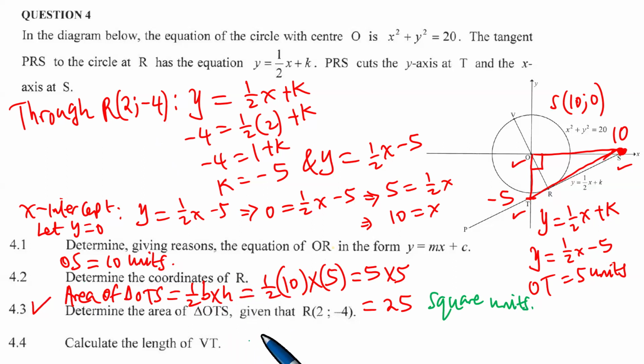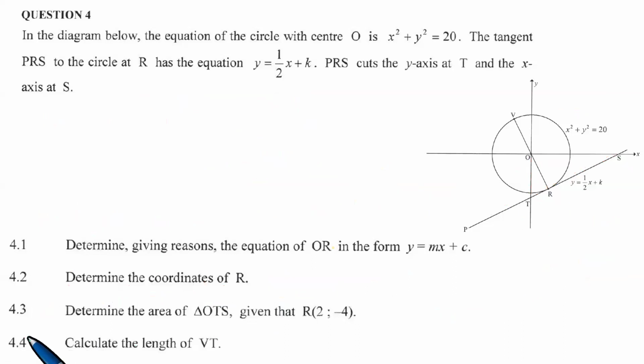Continue to the next question, 4.4. In 4.4, we want to calculate the length of VT. There's a V here, there's T here, and the examiner is saying find the length, the distance from here to there.